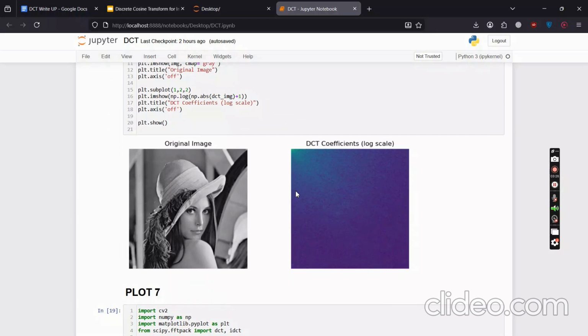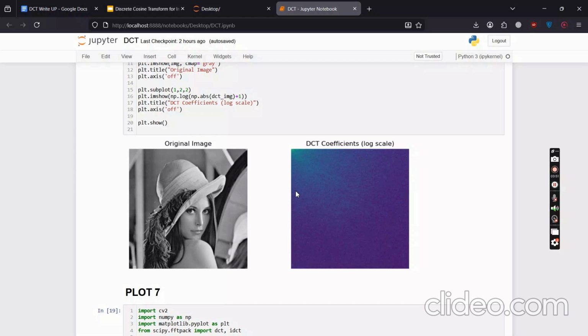Let us take another example, this time a proper grayscale image. On the left, we see an original grayscale image. On the right, we see its 2D DCT coefficients displayed in log scale. Notice that the bright values are concentrated in the top left corner of the DCT image.